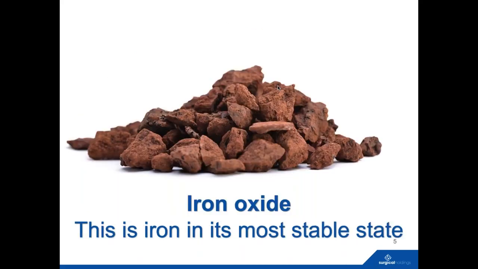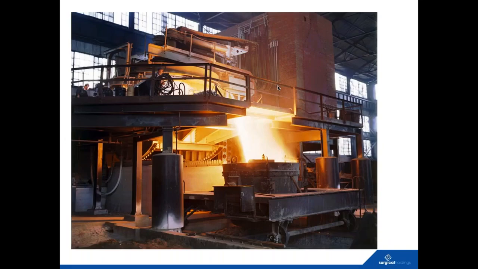What we've got to remember is that iron oxide is iron in its most stable state, and you'll be familiar with the orangey taint on iron oxide, which is very close to the color of rust. That's a very important thing to remember when we're talking surgical instruments. We extract the iron from the iron ore through smelting and processes such as that.